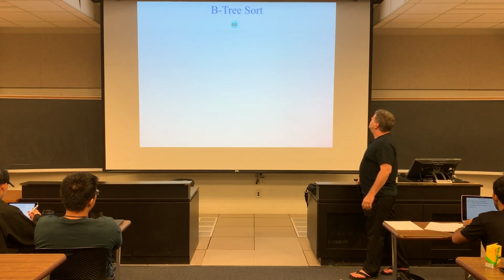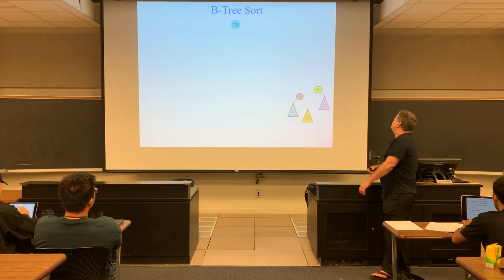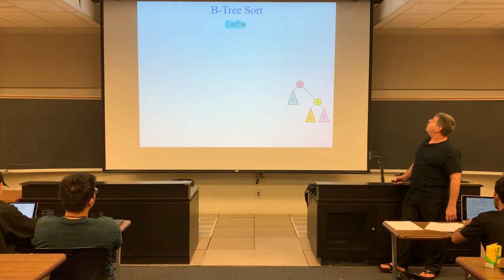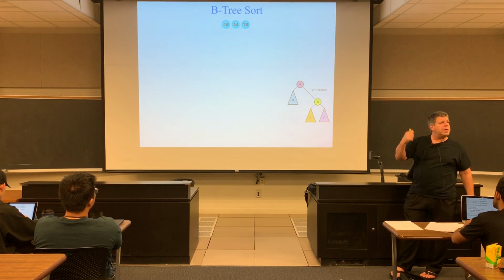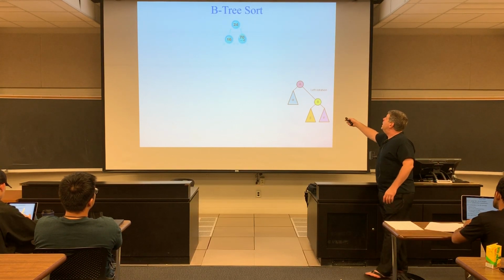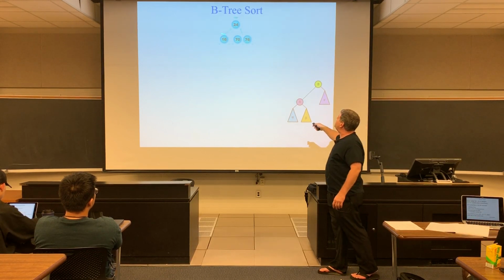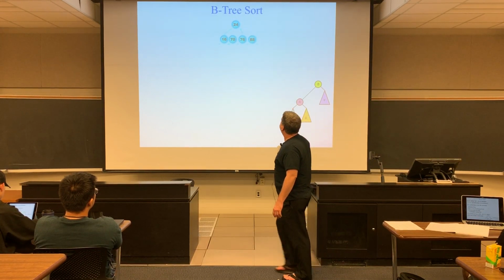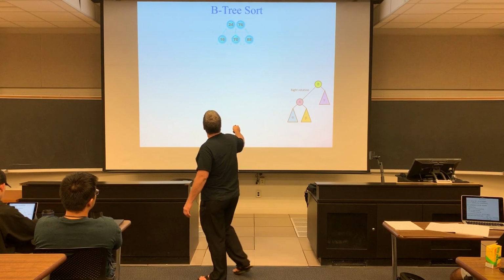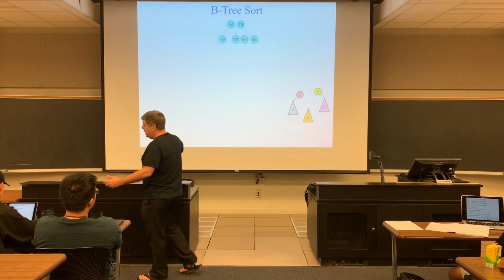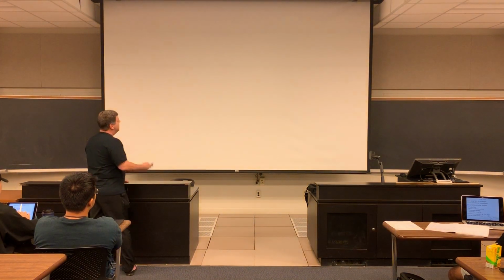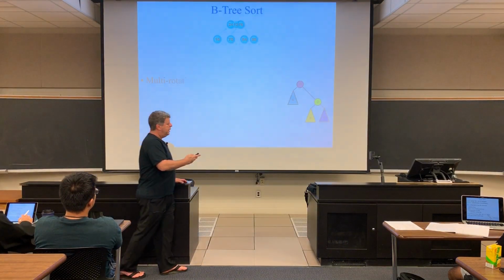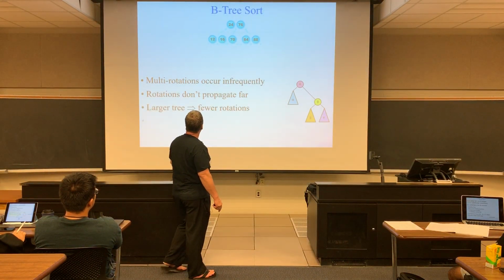Okay, and it still has the same structure algorithmically. So here's an example of a B tree sort, and it uses B trees to sort, and it looks exactly like the animation we saw a couple of lectures ago, and the highest element could be maintained at the top. Now, I'm not preserving the heap order here in this animation because I didn't want to have to redo this, but it works.